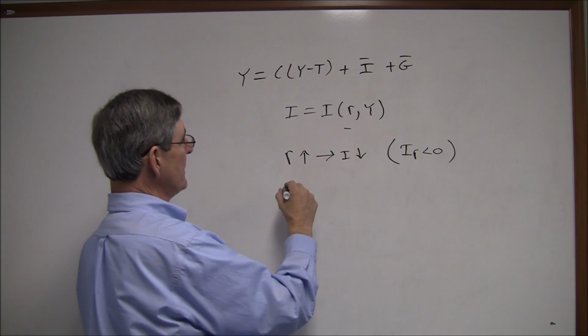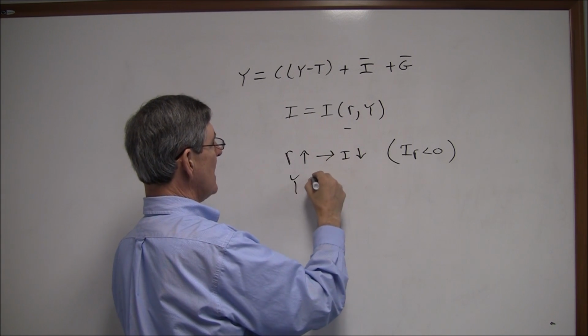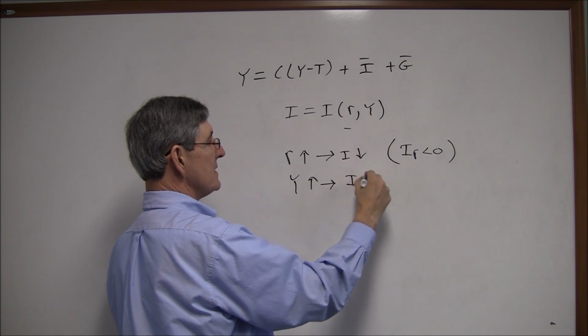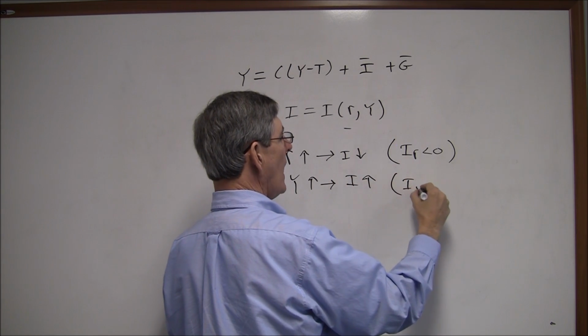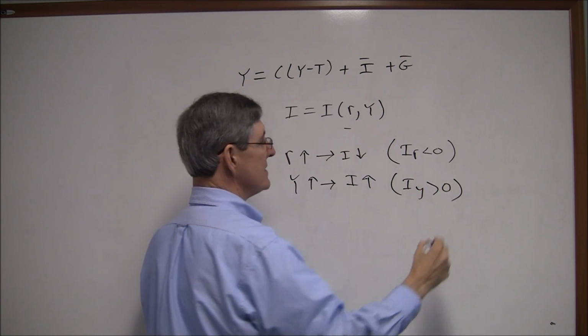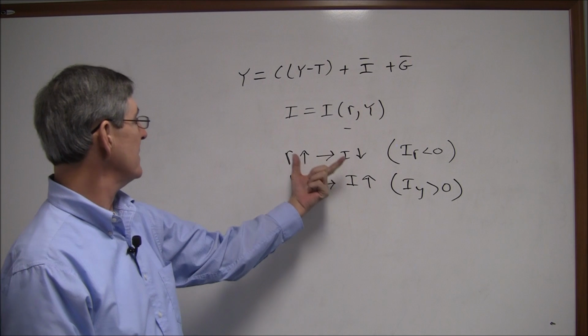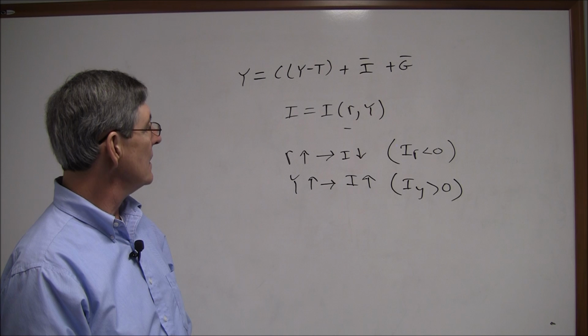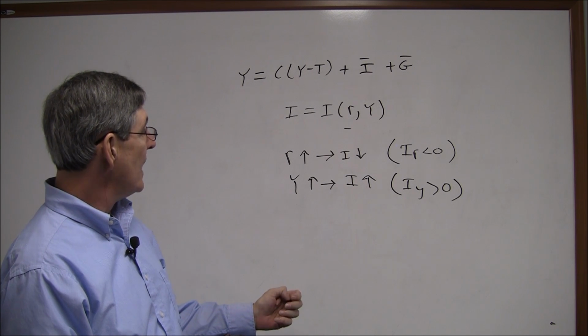And for income, we're going to say when income goes up, when GDP goes up, investment tends to go up. So the partial of I with respect to Y is going to be greater than 0. This I of R parameter, this relationship between the interest rate and investment, will play a big role later. And we'll come to that.